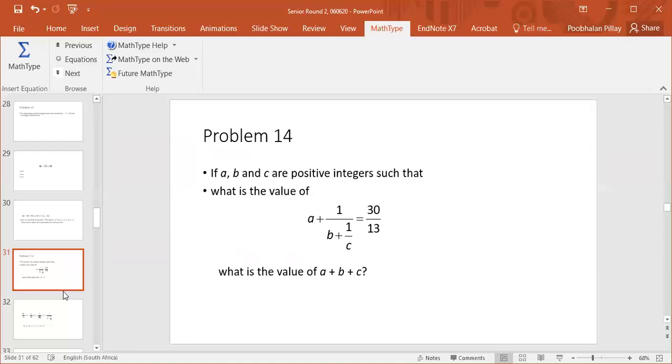So you want a, b, and c to be positive integers. 13 goes into 30 2 times, so this is 2 and 4 over 13, because 2 times 13 is 26 and the remainder is 4. So straight away you can say that this is 2 here, plus this part here will be 4 over 13.